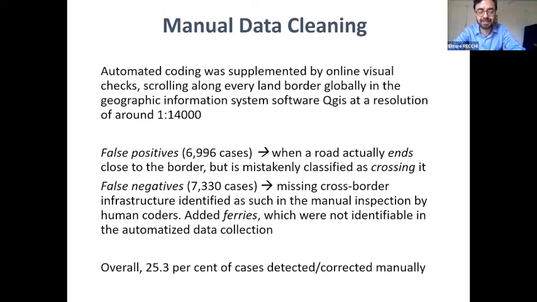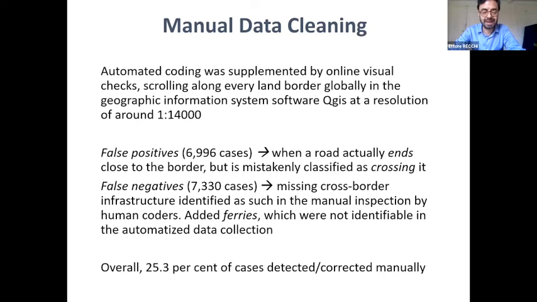That is, cross-border infrastructures that went unnoticed by the automated procedure. In particular, the automated procedure did not recognize ferries. And so we had to add ferries, whenever you have, for instance, straits or rivers, to the list of our cross-border infrastructure. So at the end of the day, this was a lengthy and quite careful work.